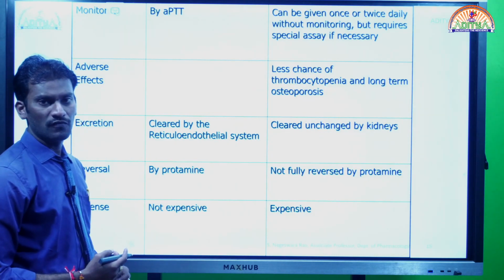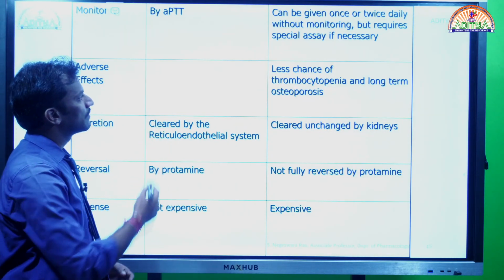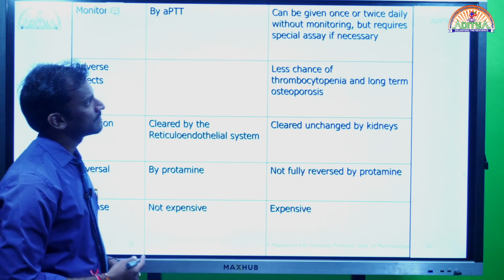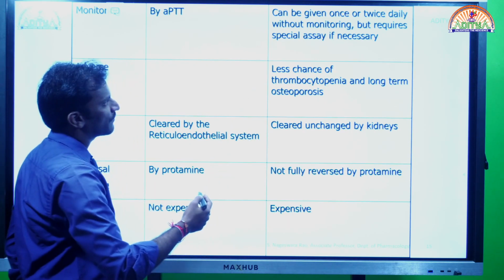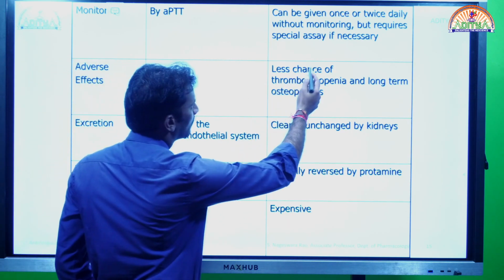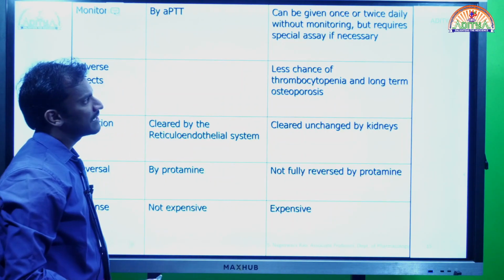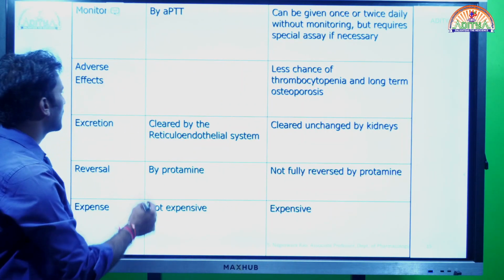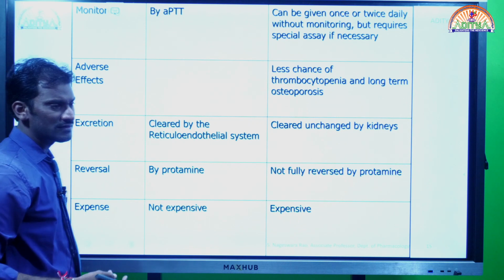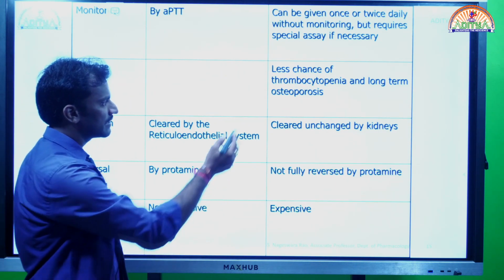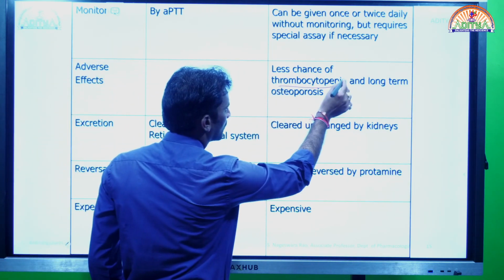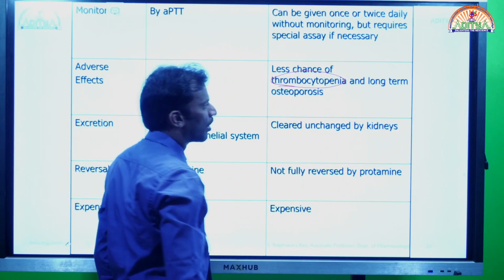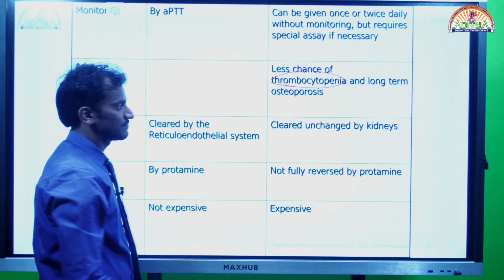Monitoring is required for high molecular weight heparins by the thromboplastin test. Low molecular weight heparins can be given once or twice daily without monitoring, but a special assay is necessary. Adverse effects: not that many serious reactions, but there is a chance of thrombocytopenia and long-term osteoporosis.